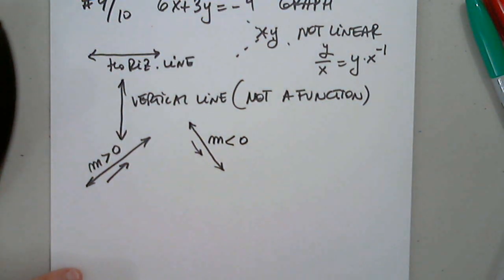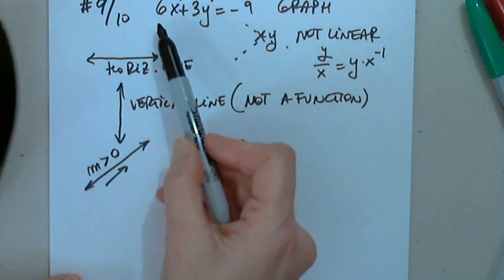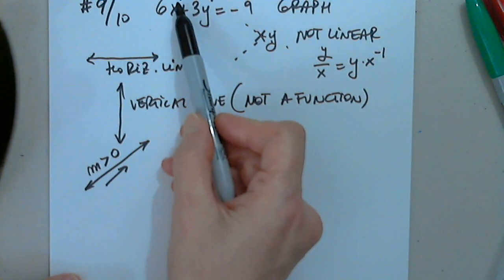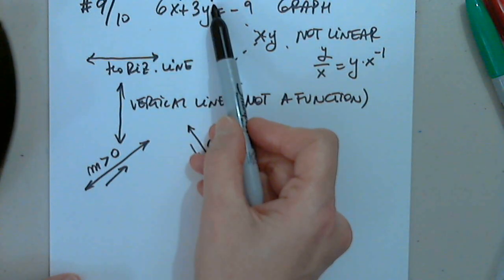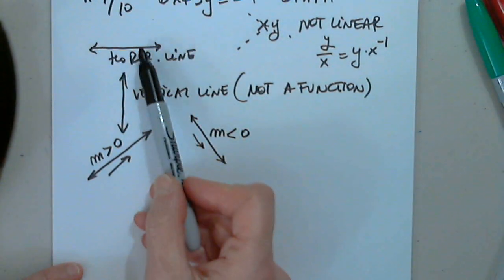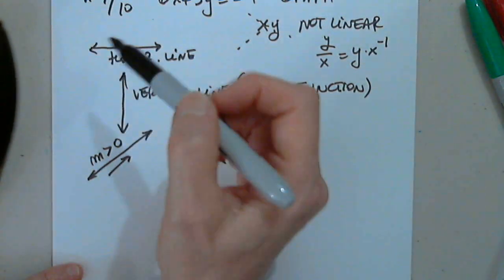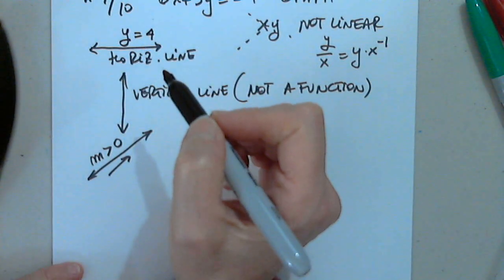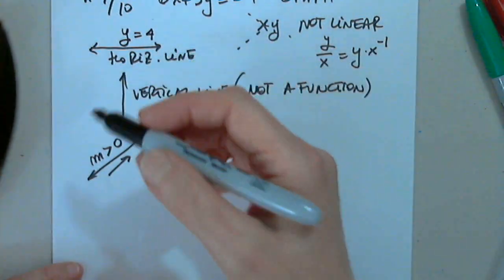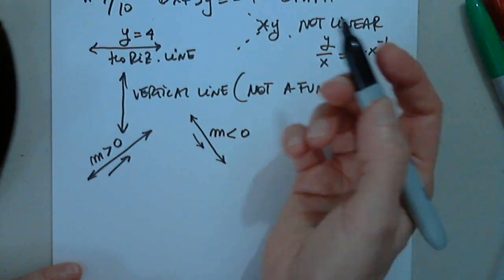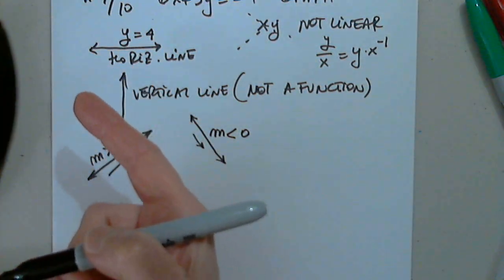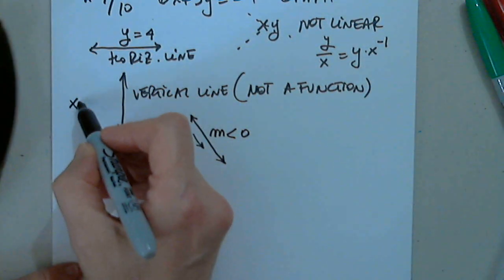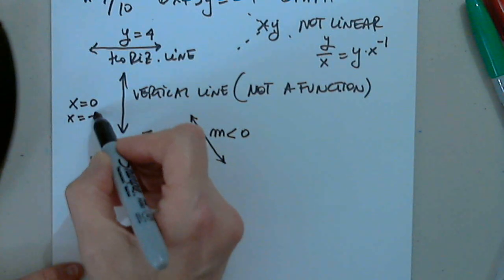Awesome. So we know it's linear because x and y have power 1. So we know it's not going to be this because a horizontal line has only y. Y equals 4, for example, or y equals -3, or y equals 15. A vertical line has only x. So x equals 0 or x equals -3.